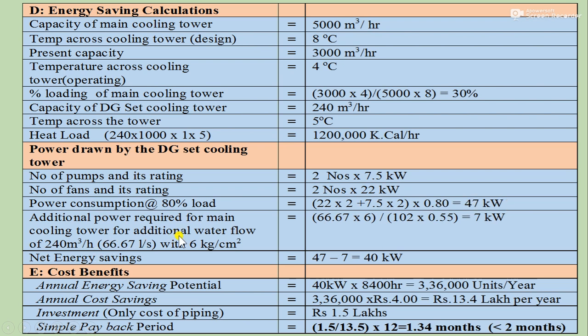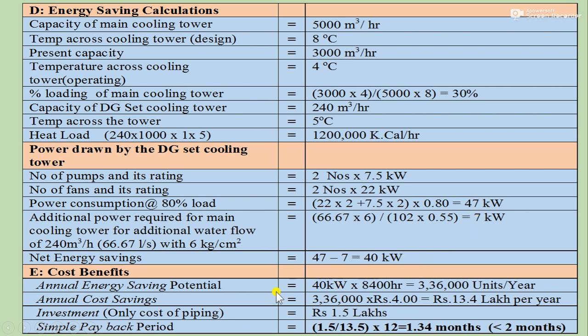Now the additional power required for the main cooling tower for the water flow of 240 meter cube per hour, in liters per second, comes to 7 kilowatt. So what is the net saving? 47 minus 7, that is 40 kilowatt.